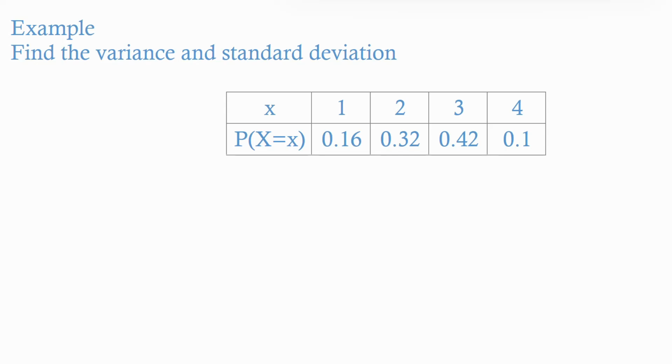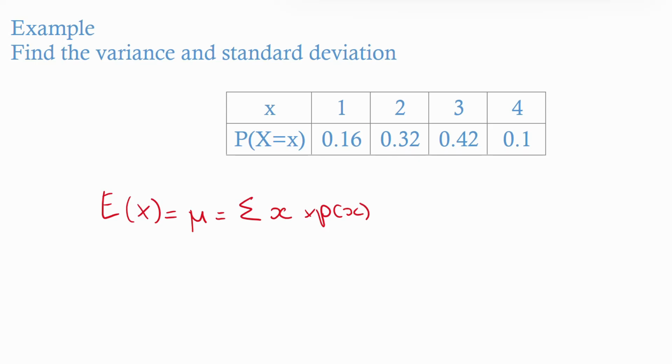So the first thing we do is we actually don't find either of them, we find our expected value. Now remember, your expected value, Ex, equals mu, which is what we need in our original formula, equals the sum of x times px.